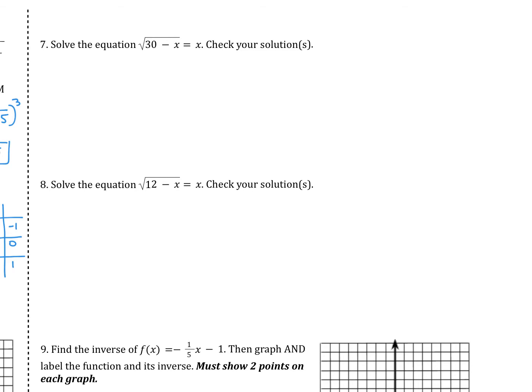It means that you need to remove the square root, so you need to take the square on both sides. You get 30 minus x equals x squared.